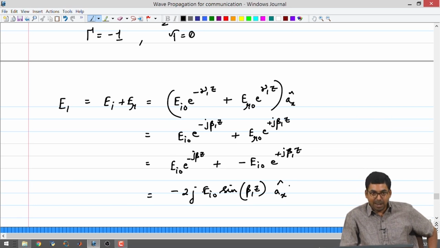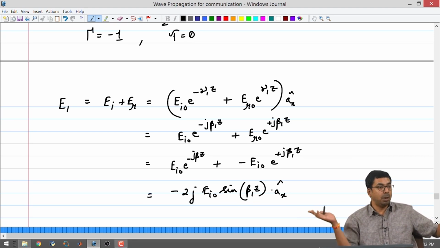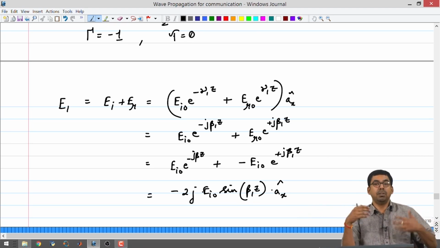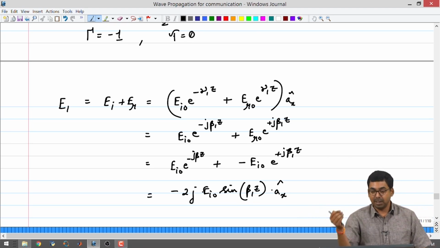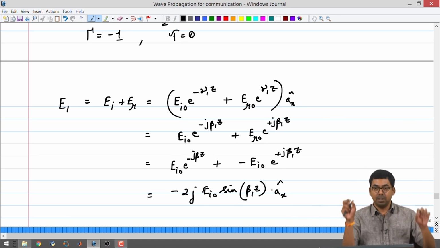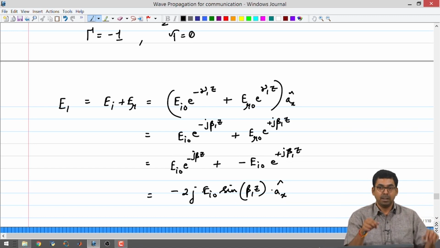It is going to create a standing wave in medium number 1. At some positions z in medium number 1, you will have 0 electric field, at some other positions you will have maximum electric fields, but they will vary only with respect to time. With respect to space, in certain places you will have 0 electric field. So, this is the same as what we had seen in the transmission line.